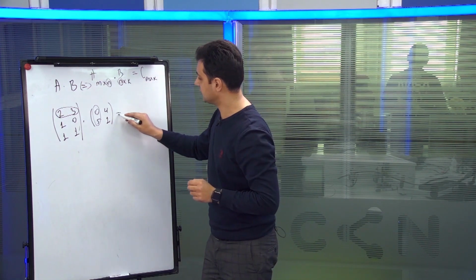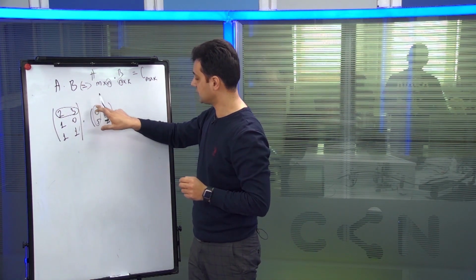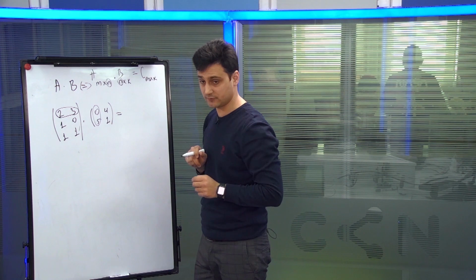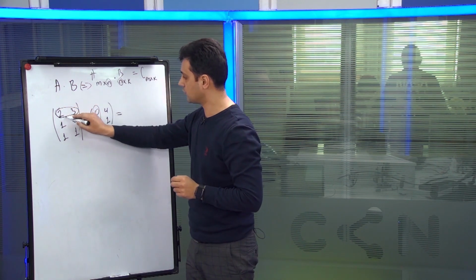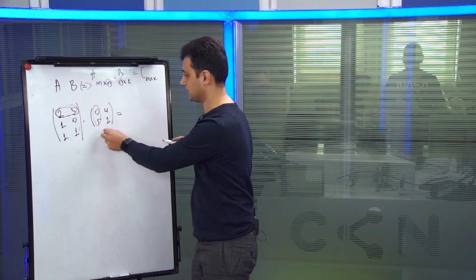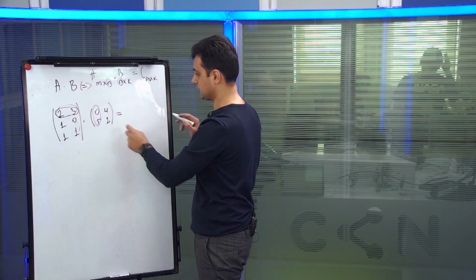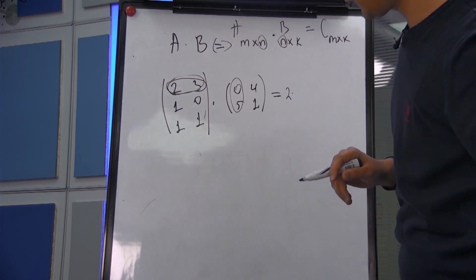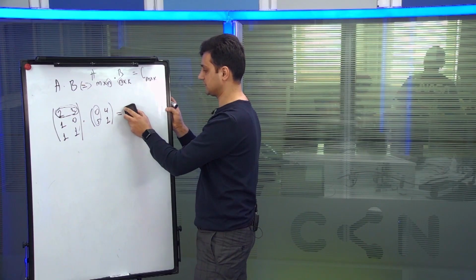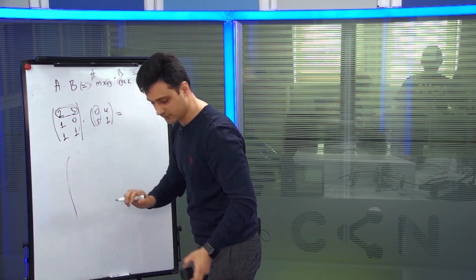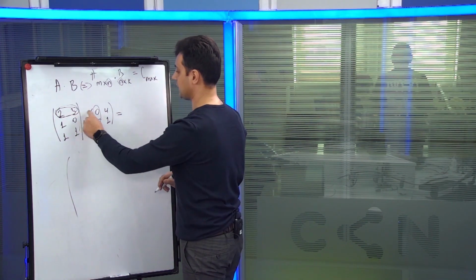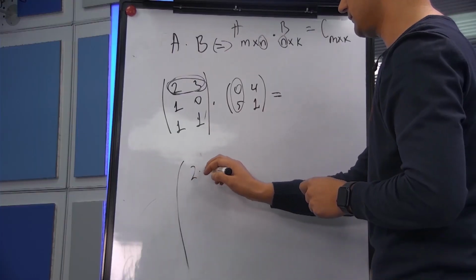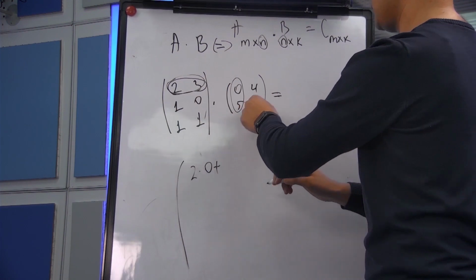Well, an example for this, 2, 3, 0, 5, how do we multiply this? We take row elements and multiply by the column elements. Result, we will get the matrix, right? Let me write from here. So, 2 multiplied by 0 plus 3 multiplied by 5.